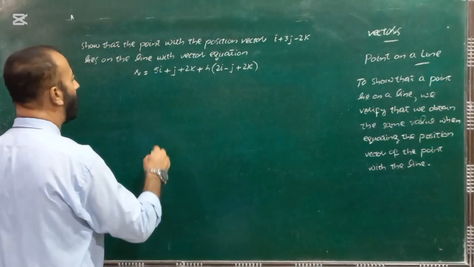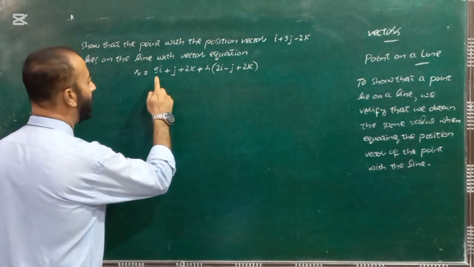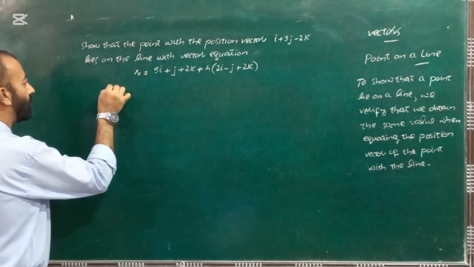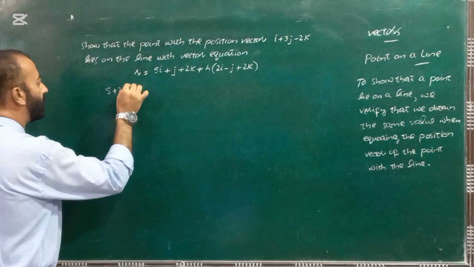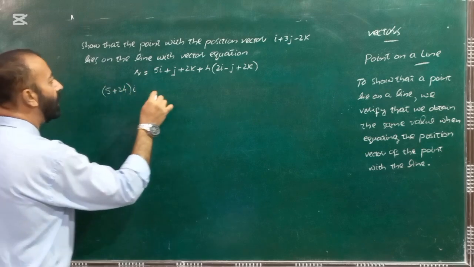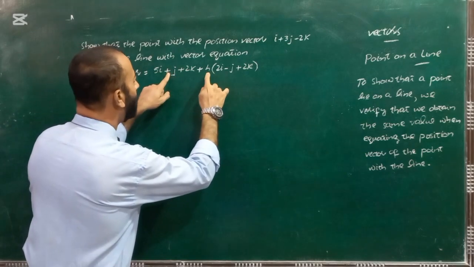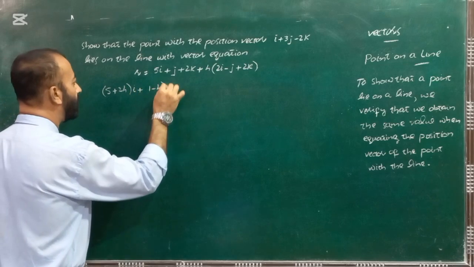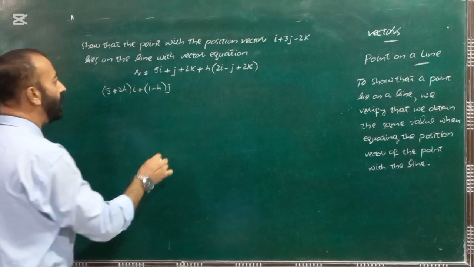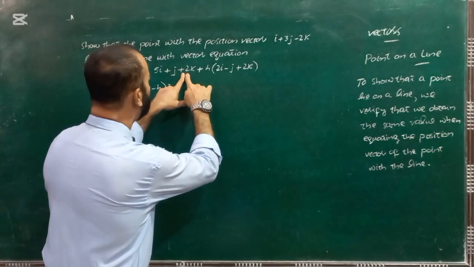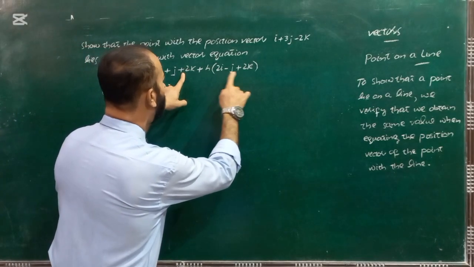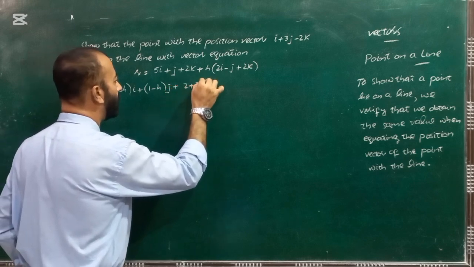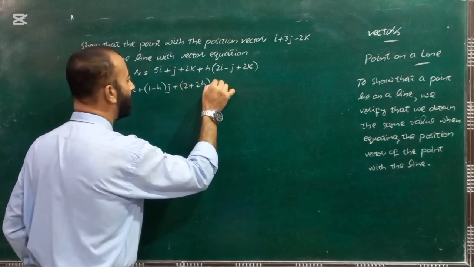So the position vector of the line is 5 plus 2 lambda i, minus lambda j, then 2 plus 2 lambda k.